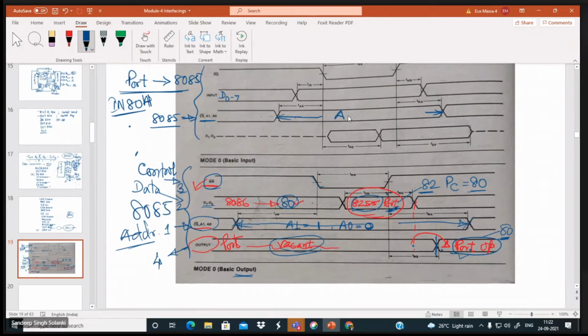Here your A1, A0, which is inside, because you have given it, will be decoded by your 8255. So it is inside the 8255, the 8255 inside story.